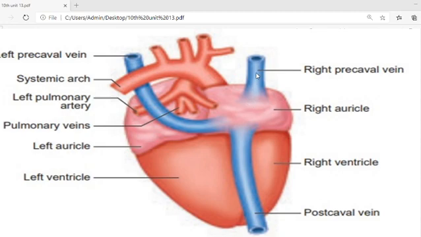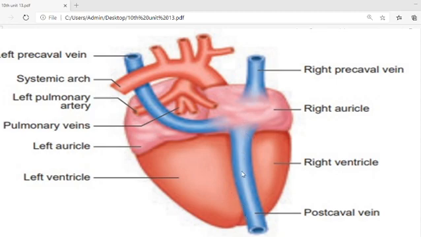The right precaval vein and left precaval vein collect deoxygenated blood from above the heart region and send it to the right auricle.